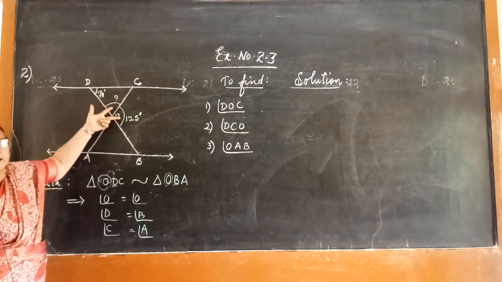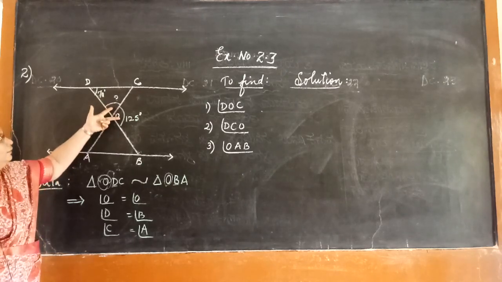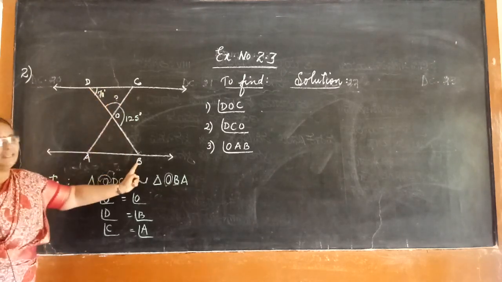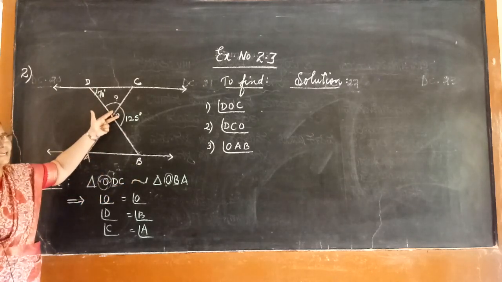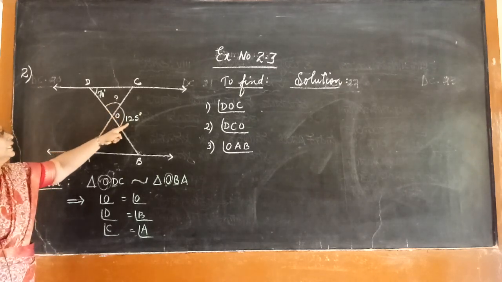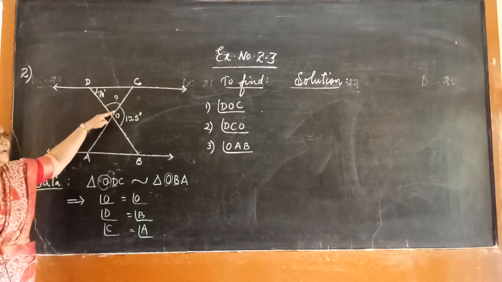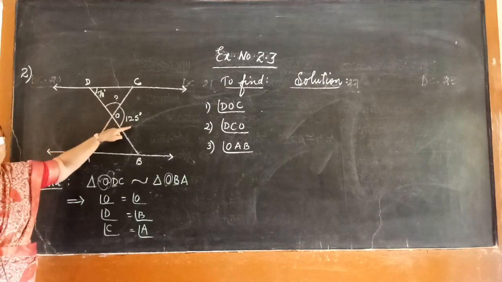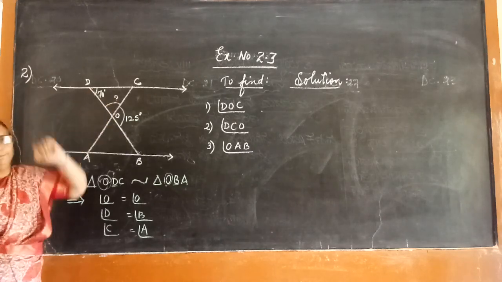What type of angles are these? They are adjacent angles. They form a linear pair. Ray OC stands on the straight line DB. If a ray stands on a straight line, the adjacent angles so formed add up to 180 degrees. If this angle is 125 degrees, how do we identify the other angle? You have to subtract 125 from 180 so that you get angle DOC.